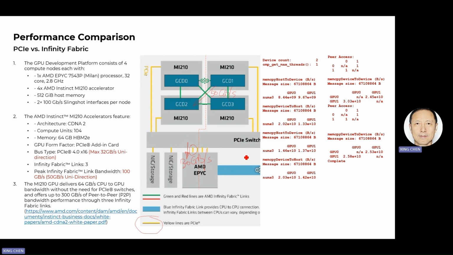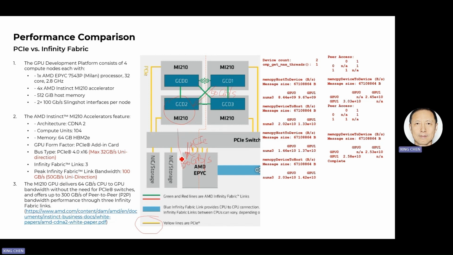Okay, what I'm going to show you is the output of a benchmark to test the bandwidth between the GPU and the CPU. Between the GPU and the CPU it goes through these PCIe links.